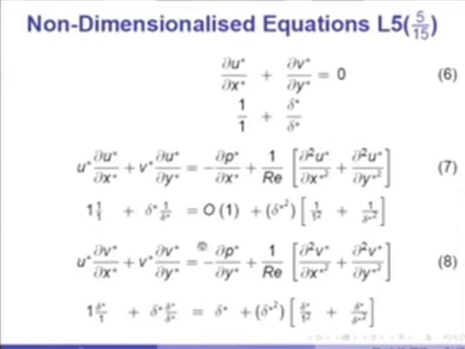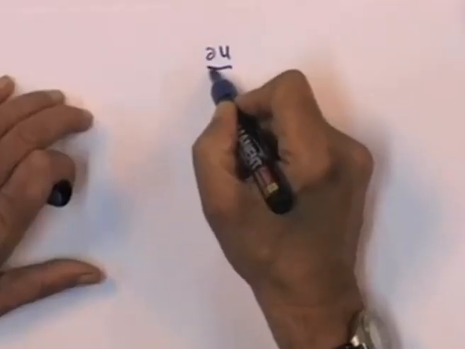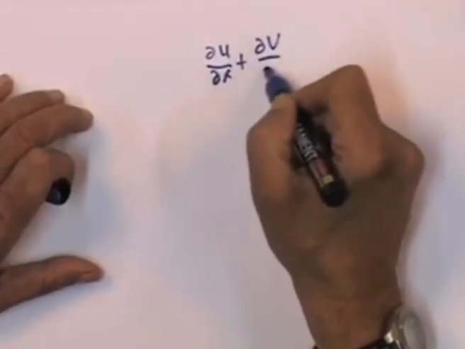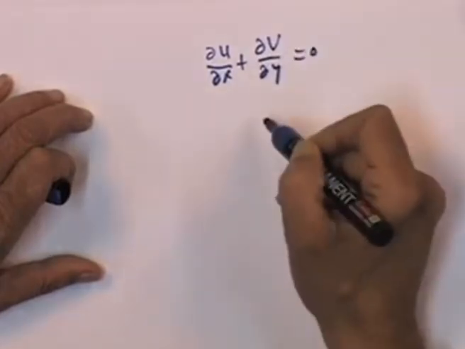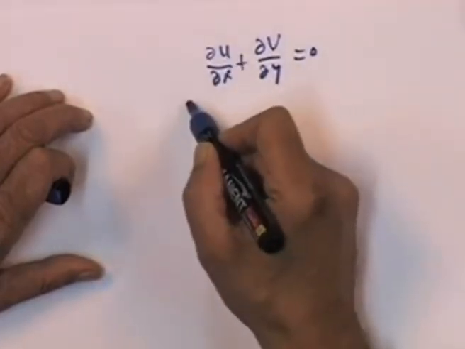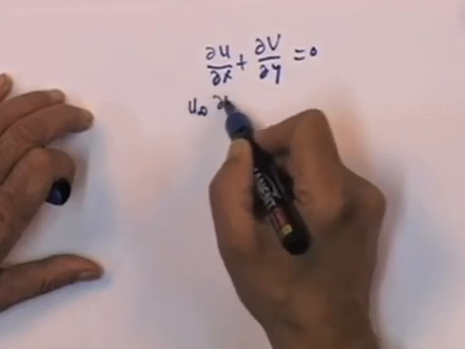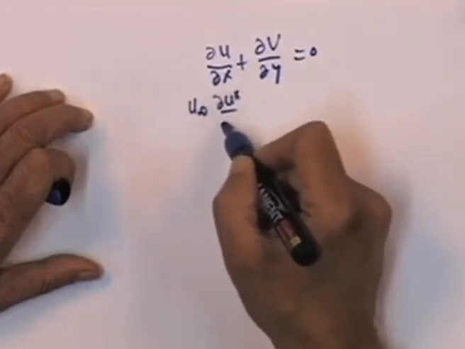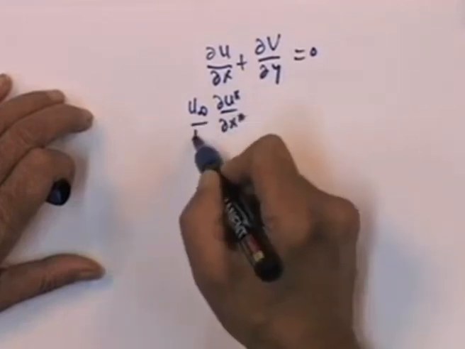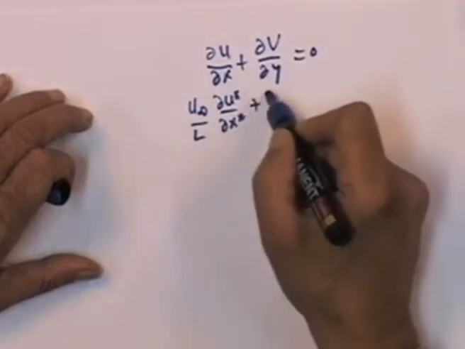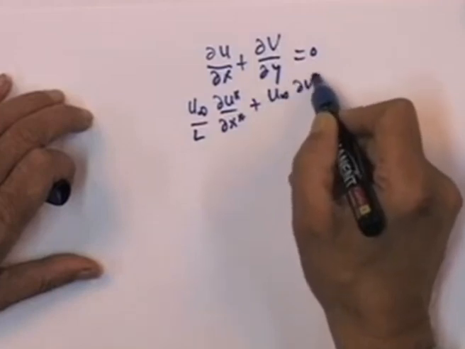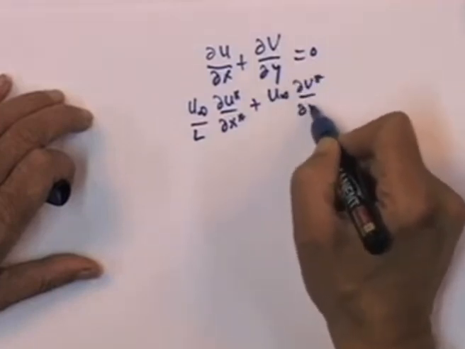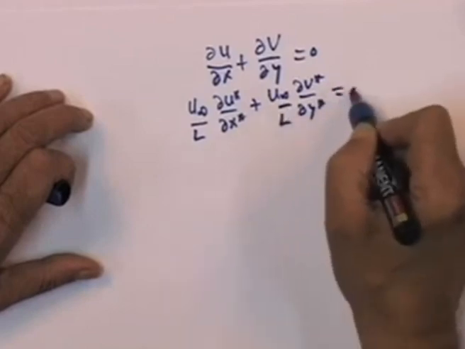So, let us look at the first equation after non-dimensionalization. You will see that du by dx plus dv by dy equals 0. If I make this u to u star, it will become u infinity du star by dx star divided by L, and likewise u infinity dv star by dy star divided by L equals 0.